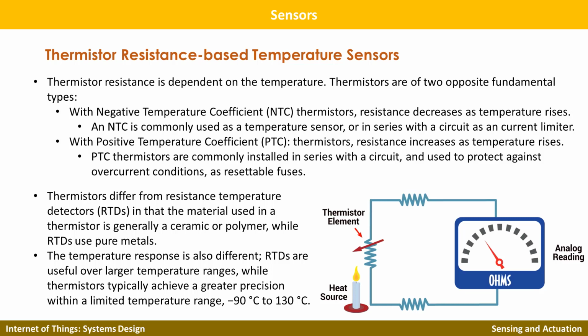In the negative one, the resistance decreases as the temperature rises. In the positive one, the resistance increases as the temperature rises. Then you can monitor the changes of the resistance in the circuit and determine the temperature.